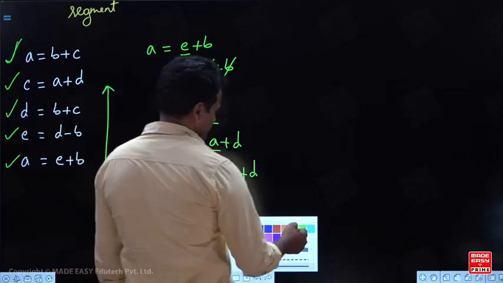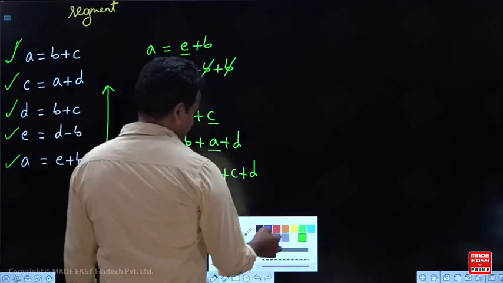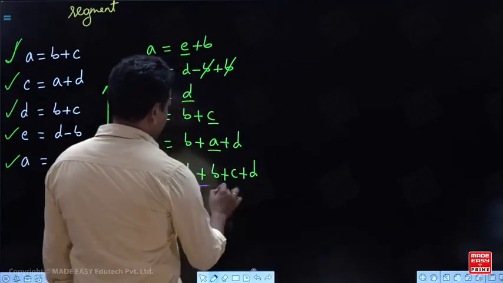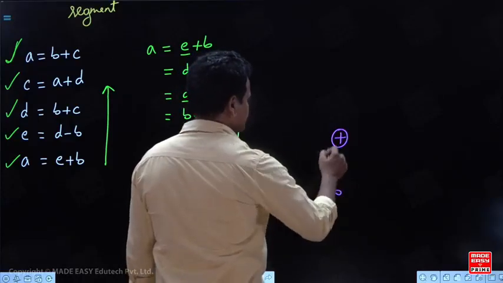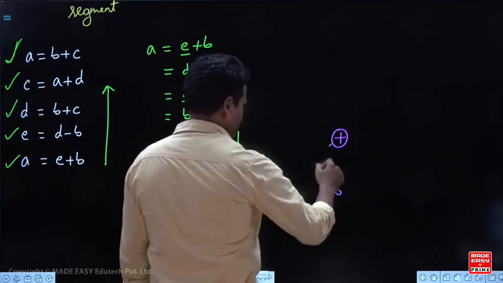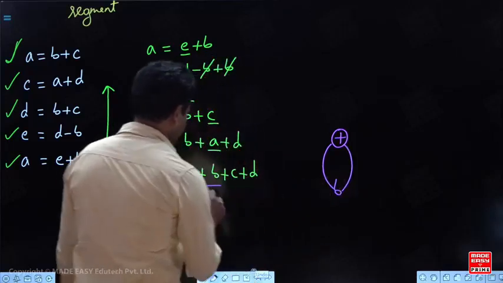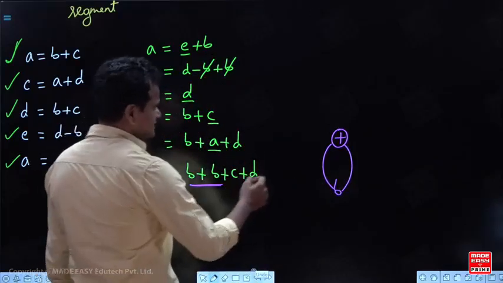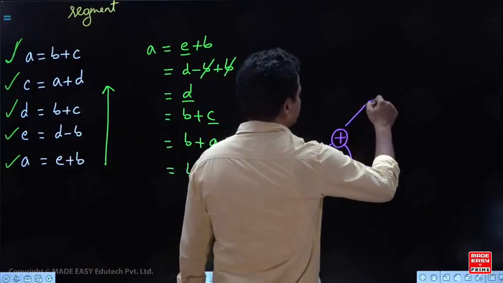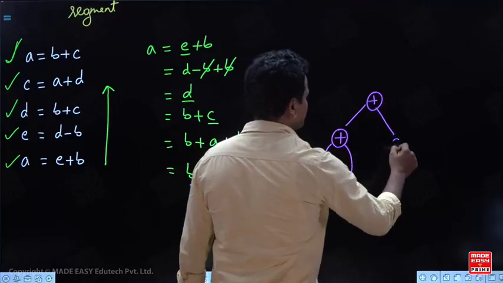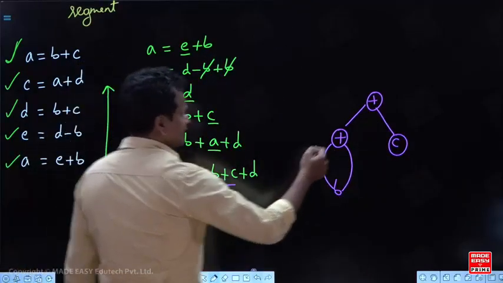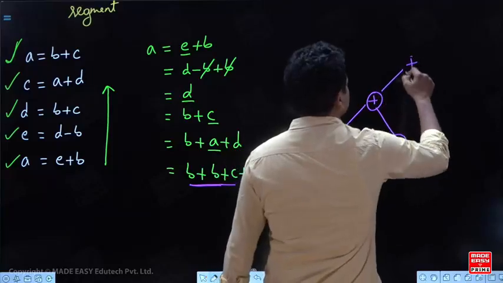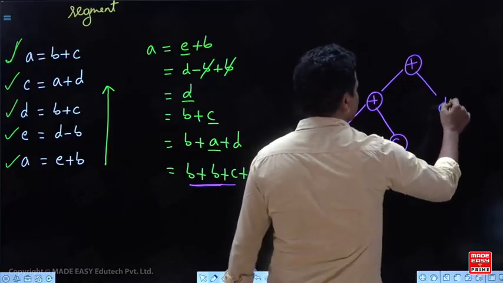Now what is the result here? You can take B plus B plus B. Is this the B plus B? Yes, this part is done. Plus C. So create a node, C is not there. Then this is done. Plus D. So create a D, D is not there.